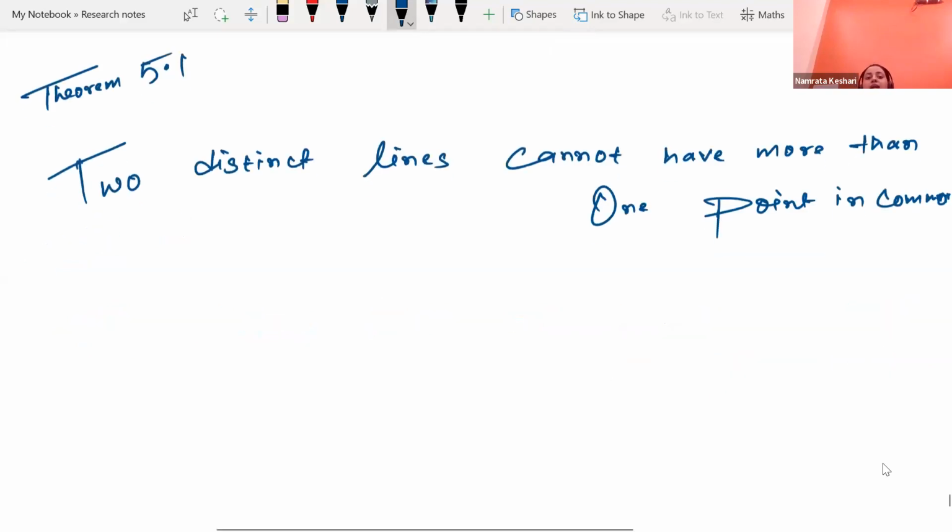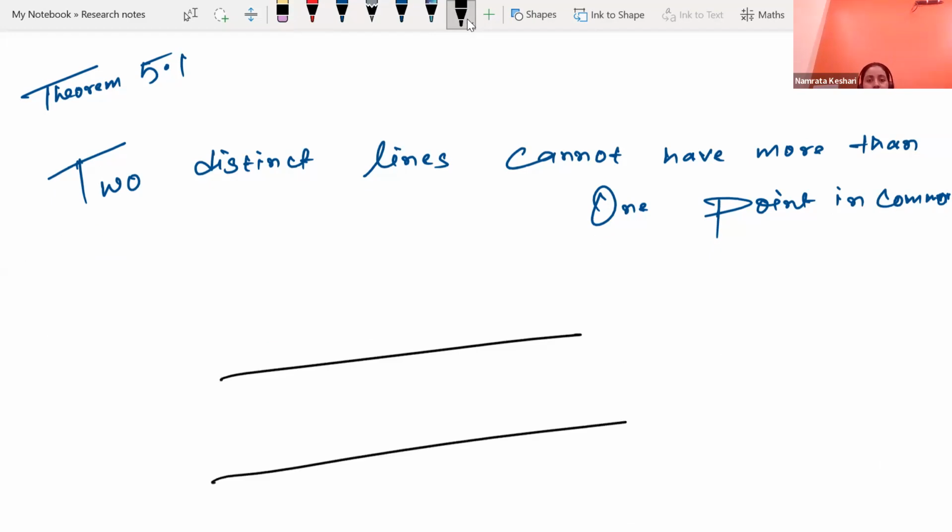Two distinct lines cannot have more than one point in common. We will try understanding the statement. The statement says that two distinct lines, two different lines, cannot have more than one point in common.